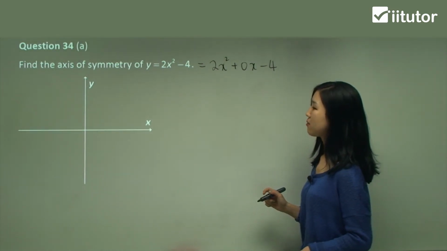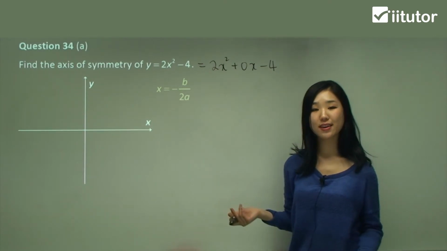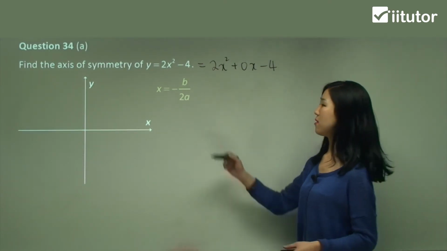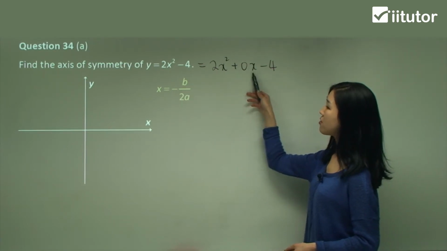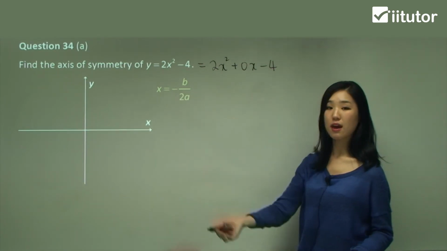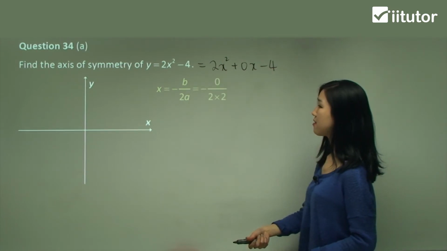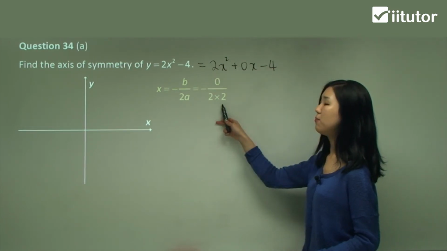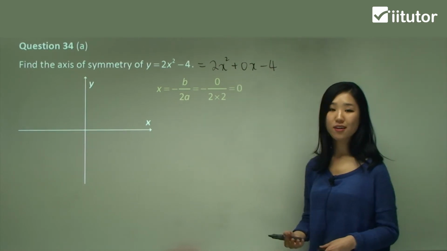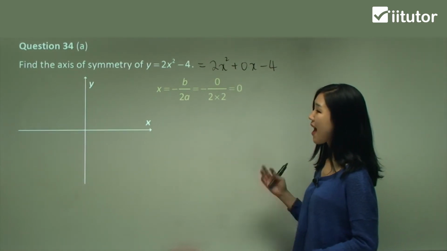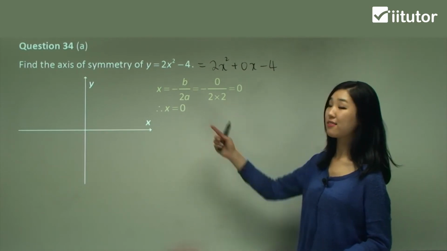So for our axis of symmetry, I'm simply going to use the formula again, but this time b is 0, because the coefficient of x is b, which is 0 in this case. Just like that. And yeah, of course, a is 2. But 0 over anything is 0. Okay, so this axis of symmetry is simply x equals 0.